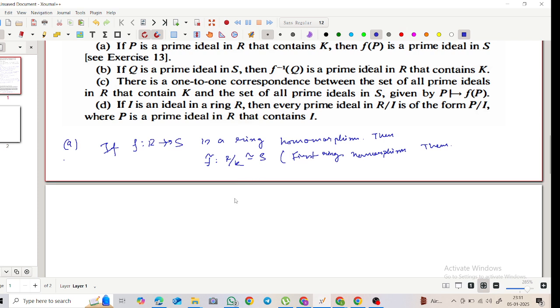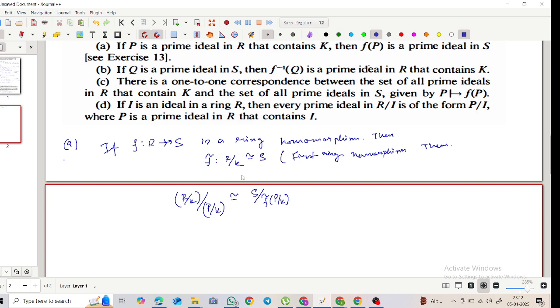Now you see what I do. Quotienting out this side, since this is a bijection, R mod K quotiented out by P mod K, because P is an ideal containing K, we can do P mod K, is isomorphic to S mod f tilde P mod K, right?